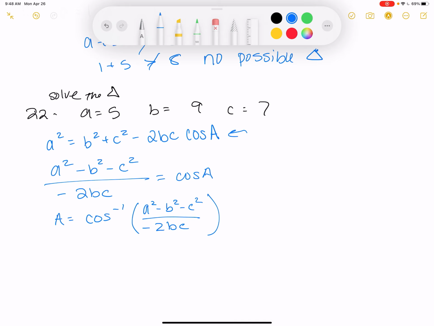I like to get A by itself first. Also, I'm not opposed to you having this modified formula on your formula sheet. If you don't want it, you don't want it. If you want it, you got it.